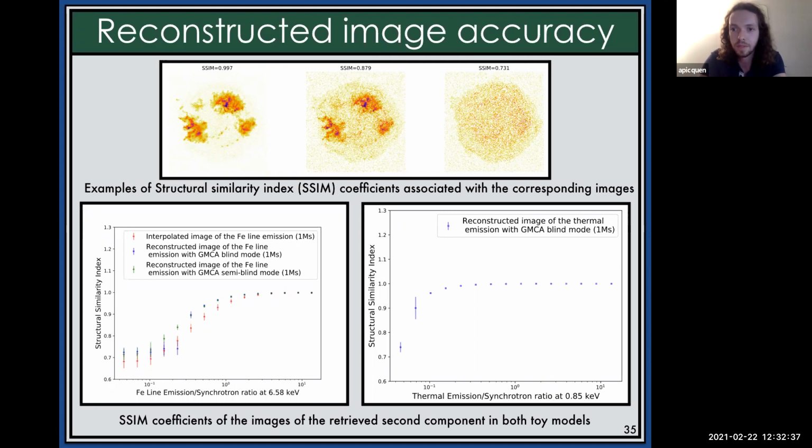Okay. So I have another question. How do you quantify that the images are the same or different, when you retrieve the image and reconstruct it? It's the SSIM index. It's an index that was created in order to have that kind of estimation.